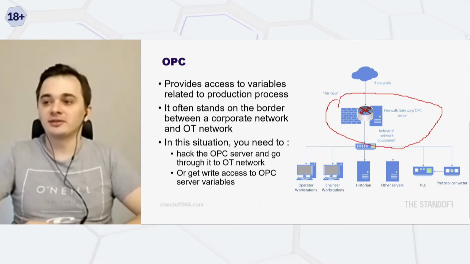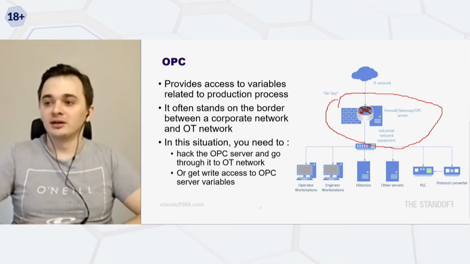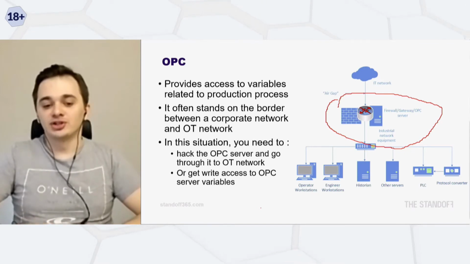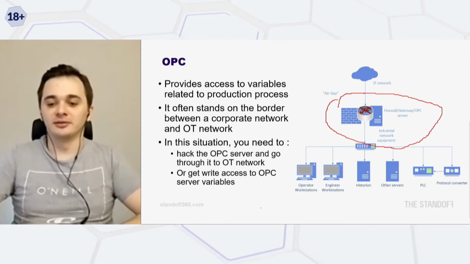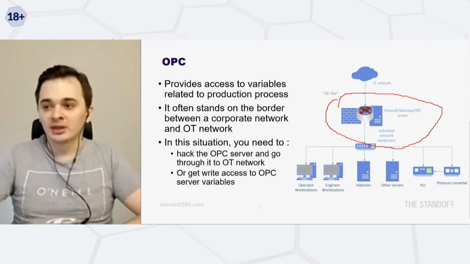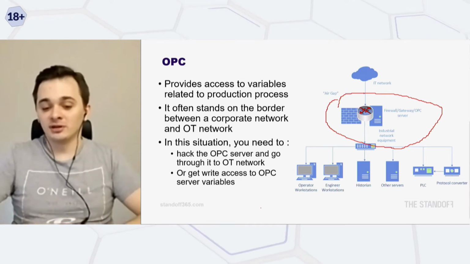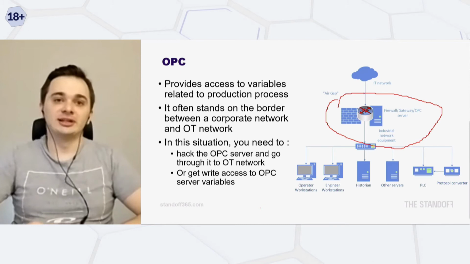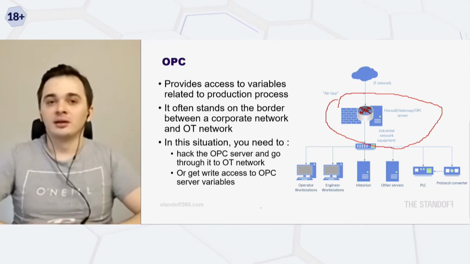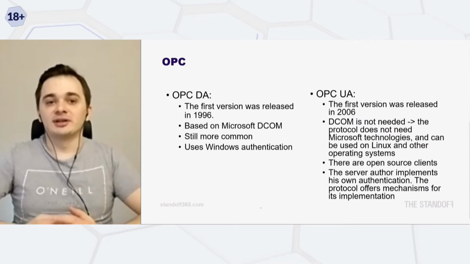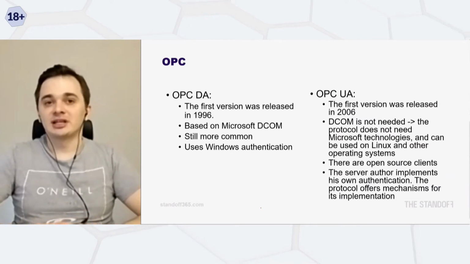In order to enter the SCADA network, perhaps you will have to hack this server, or you will have to get access to the server variables so that you can rewrite them. And then you will be able to interfere with the production process.